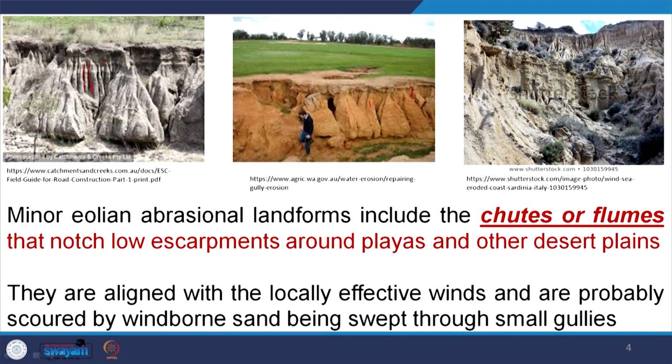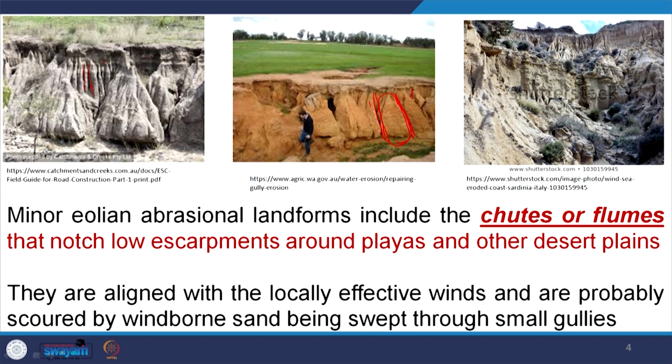That means on both sides of the gully the removal of material will be more as compared to the middle part. More erosion will occur along these gullies, while the segment in between will remain less eroded as compared to this gully erosion and this gully erosion.